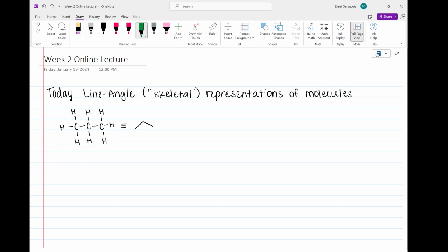The shortcut to drawing carbons and hydrogens bonded to carbons, that's what this line angle representation is. So the end of a line angle representation, I'll highlight that here in pink, the end represents a CH3 group, or a carbon at the end with enough hydrogens to complete its octet.